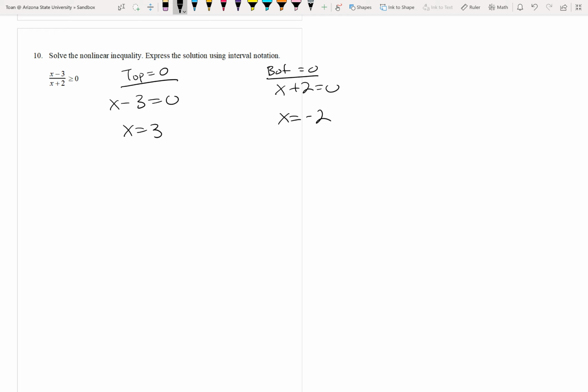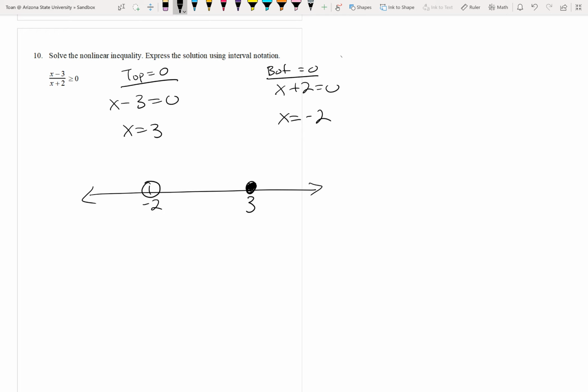We put these critical values on our number line. This is called creating a sign diagram, by the way. Any critical values from the denominator are always going to be an open circle. Critical values from the numerator will depend on the inequality. Because the inequality is or equal to, it has that little line underneath it, so this will be closed.